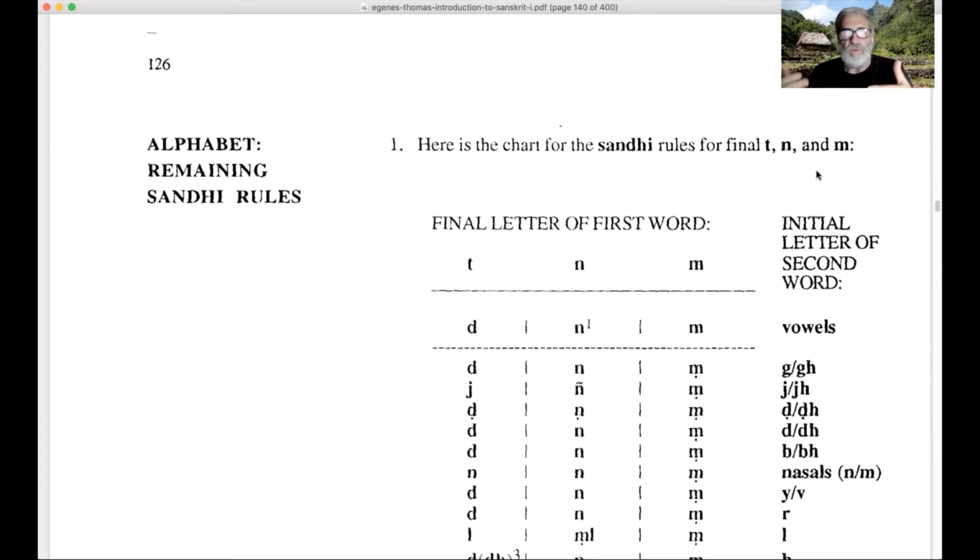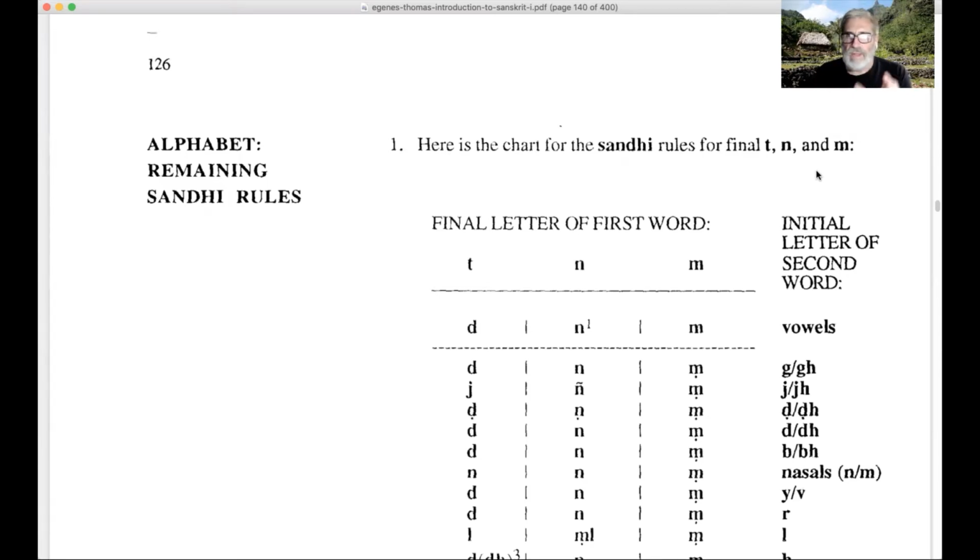This is what Western Sanskrit grammarians usually call external Sandhi. There's another type of Sandhi which occurs within a word, perhaps between the stem or the base of the word and the ending, and that's called internal Sandhi. Really, it's the same sort of rules, and that distinction is not really made so much by Panini.